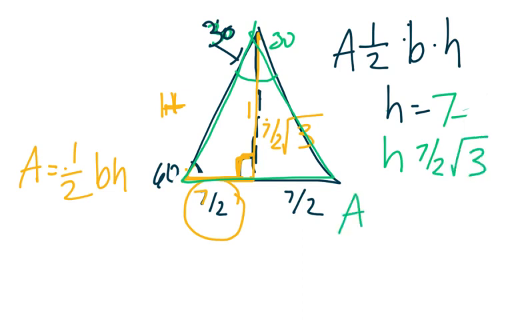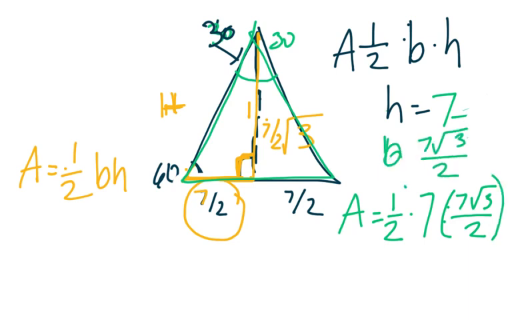So area equals half times 7 times 7 square root of 3 over 2. Okay, so this is now our formula.